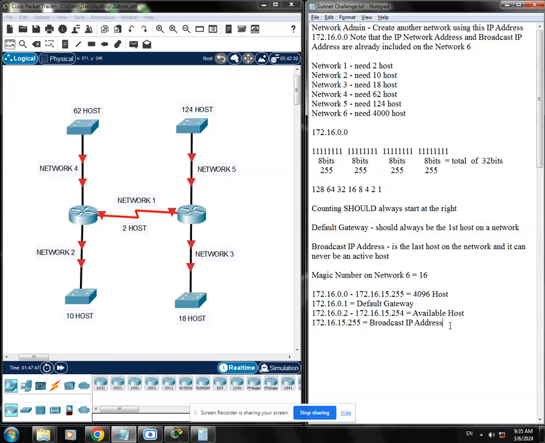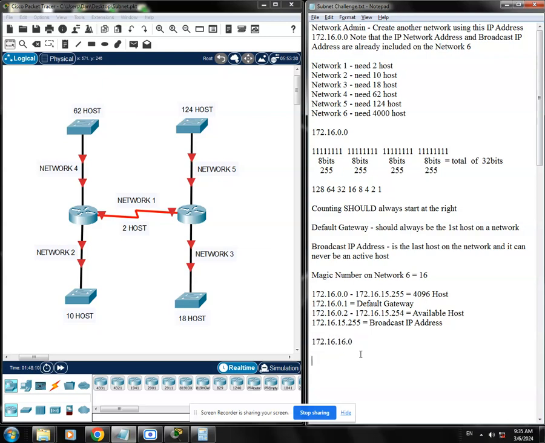Let's say we want to create another network, then we need to write this down. It should be the next IP address after the broadcast IP address, and that should be 172.16.16.0. So this is another network.